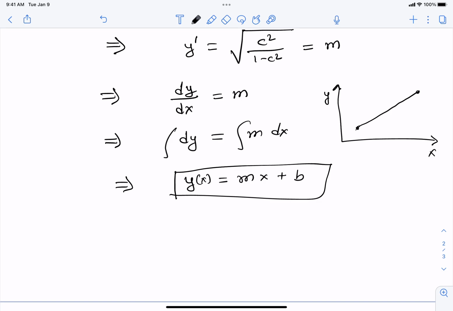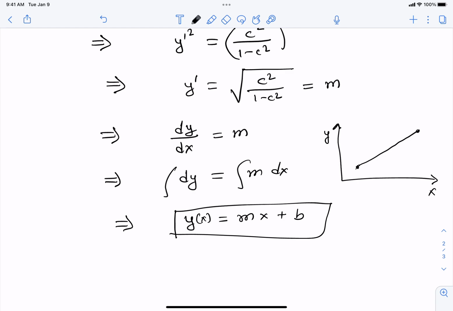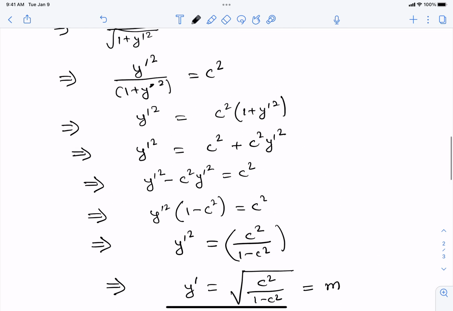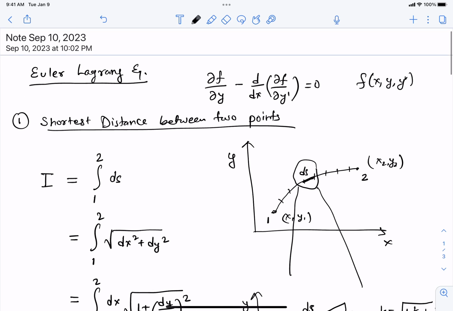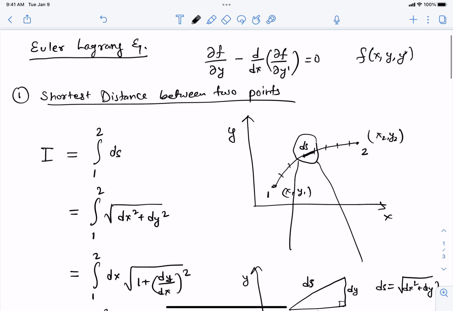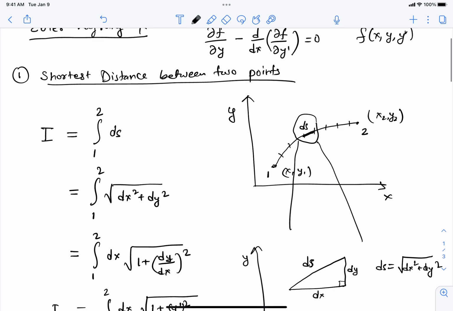The reason we are doing this is that we can see how this approach of Euler Lagrange formulation is utilized to solve problems in calculus of variation and in Lagrangian mechanics. Okay, just to summarize, what we have done is we first make this integral.